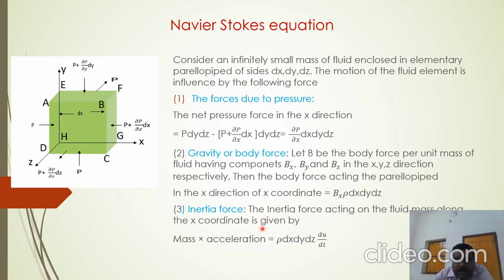Now the inertia force is given by rho dx dy dz times du/dt. Here u is the velocity of the fluid along the x direction, and rho dx dy dz is the mass of the fluid element. Therefore this force is mass into acceleration.